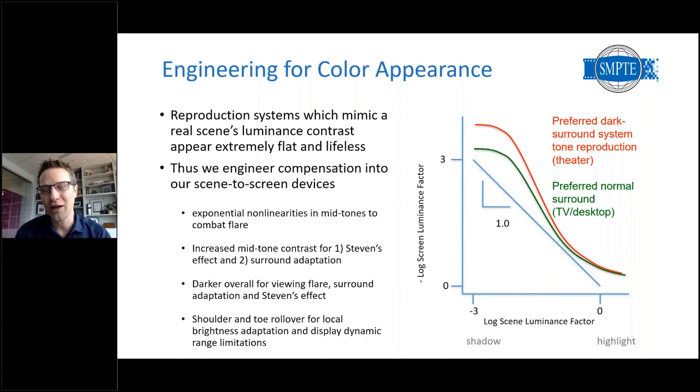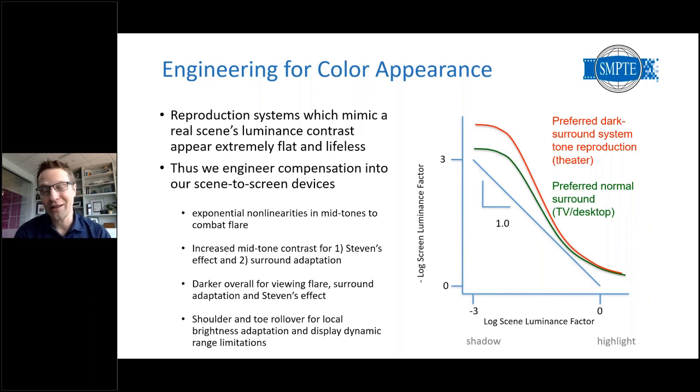We've got a little exponential kick up in the shadows to try to fill in and defeat that flare. We're a little bit darker overall, right? Both these curves are on top of or above the blue line because we have to combat the lightness percept that comes along with being in a low white level, dark surround environment.